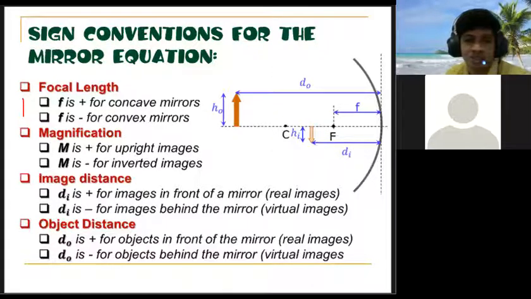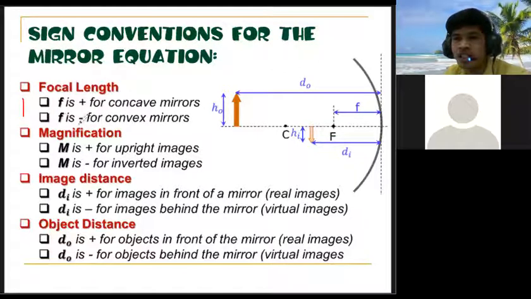All right, thank you so much, Captain. Remember, in solving the mirror equation, 1 over f equals 1 over do plus 1 over di, the value of f is positive for concave mirrors, and the value of f is negative for convex mirrors.